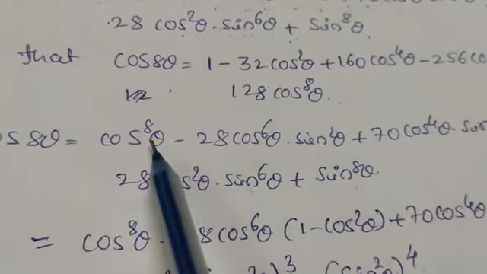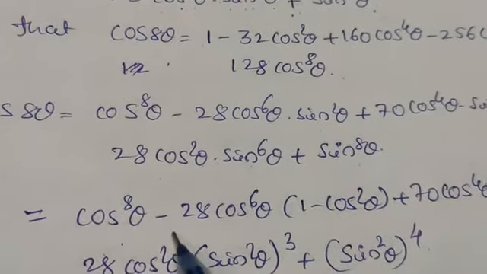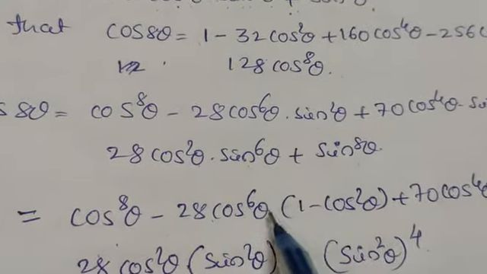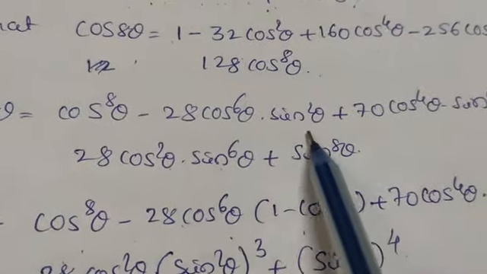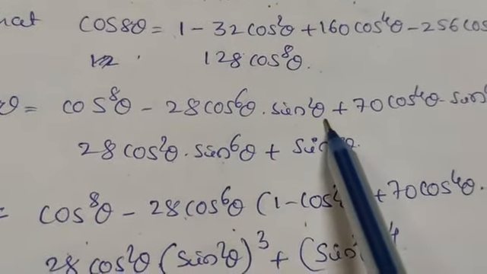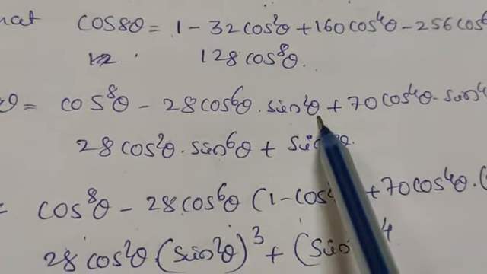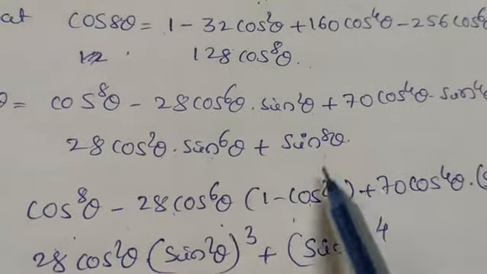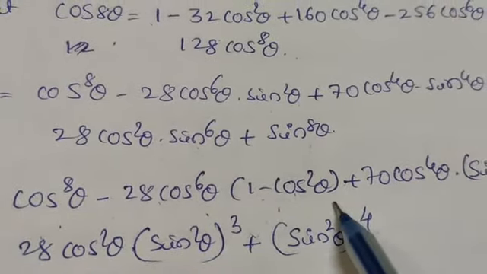So this first cos raised to 8 theta, you keep as it is, minus 28 cos to the power of 6 theta also as it is. But here we have sine square theta. We don't want sine. You have to express this one in terms of cos. And we know sine square theta is equal to 1 minus cos square theta.